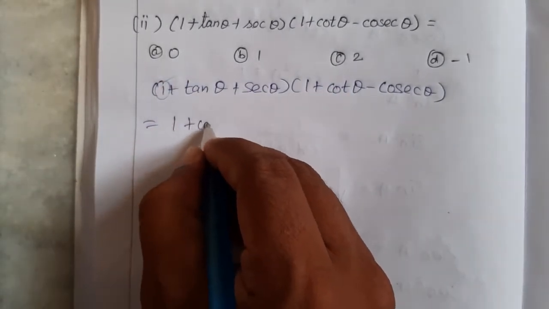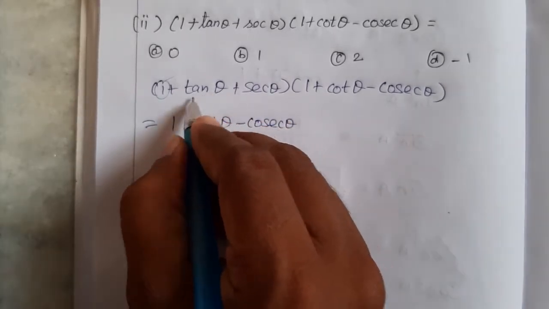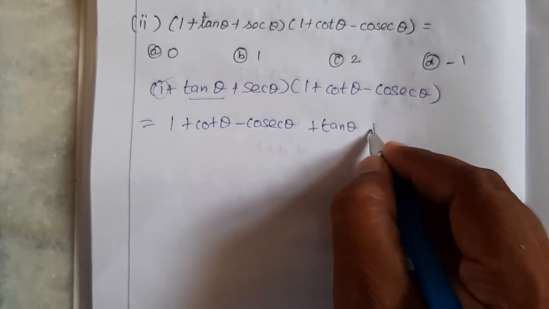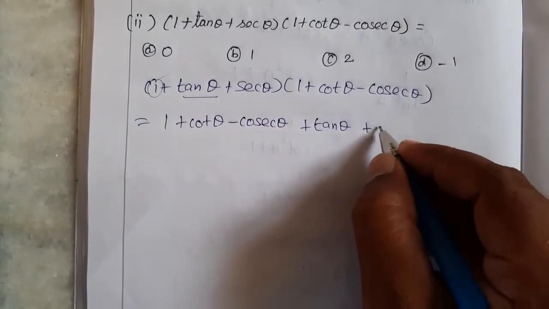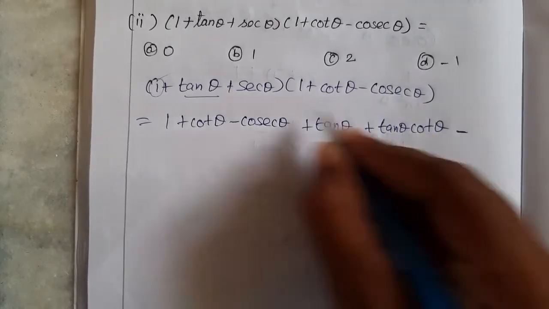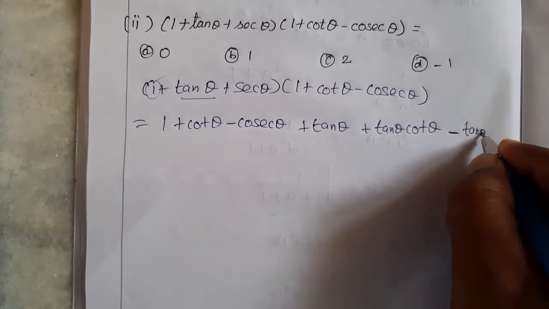We will be getting 1 plus cot theta minus cosec theta, and next the tan with everything: tan into 1 is tan theta, plus tan theta into cot theta, minus, plus into minus is minus tan theta into cosec theta.